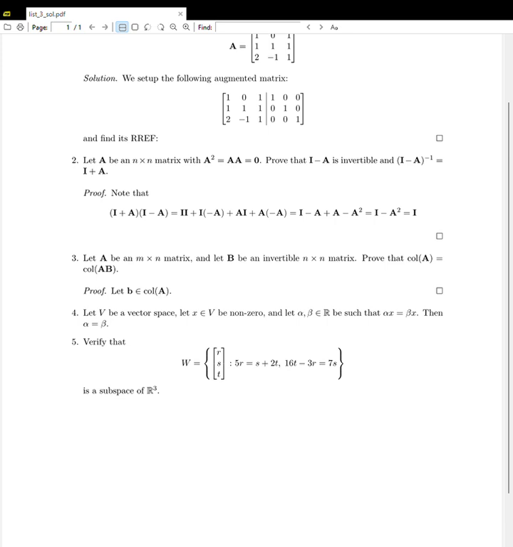All right, so let b be an element of the column space of A. Now, the column space, recall, one of our fundamental subspaces, has a couple of interpretations. It's the span of the columns. It is also the collection of right-hand sides b so that the matrix equation Ax = b has a solution. Or more particularly, there has to exist an x out of R^n, since we have an m by n matrix in this case, such that b is equal to A times x.